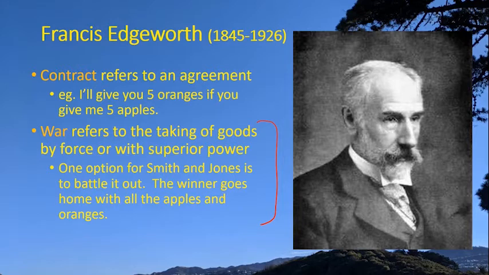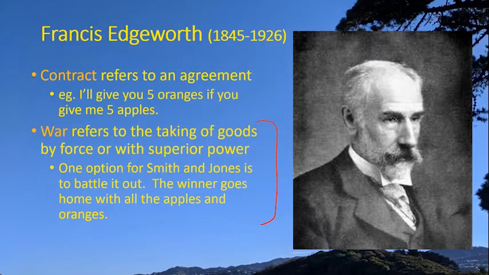Now there's some risk in doing that, of course, because you might get injured in the process. But if you win the battle and if you're the stronger agent, then why should you contend with this mutually voluntary exchange when you can satisfy your maximization of utility in a much more direct way by just battling it out? Well, you could do that, but we are assuming that away in this particular market model.